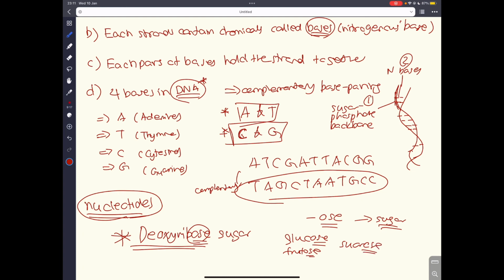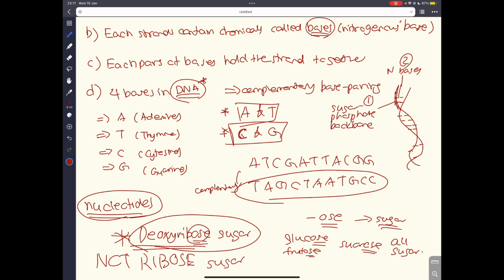These are all sugars. This is how sugars are named as well. So remember, DNA is made out of deoxyribose sugar, not ribose sugar. Ribose is an entirely different sugar which makes an entirely different molecule, which is not DNA.